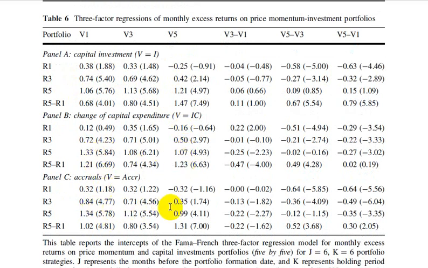And once we get into the change in capital expenditure and the accrual type of calculation of investment, we see that the returns decrease as the level of investment increases. So really the only one where you're doing well to buy companies with high investment is when the momentum is high and when you're using the capital expenditure scaled by capital assets.